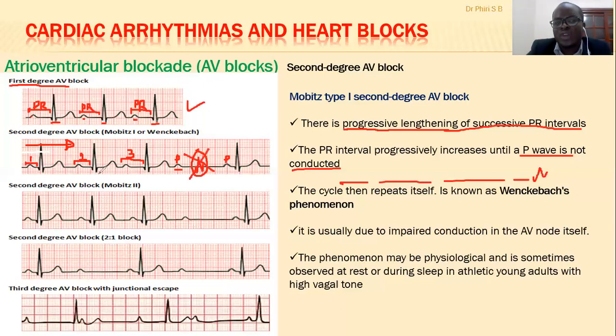So it means when you have progressive elongation of PR segment, then a missing QRS complex, then you know you have Mobitz type 1, which is a second degree block.